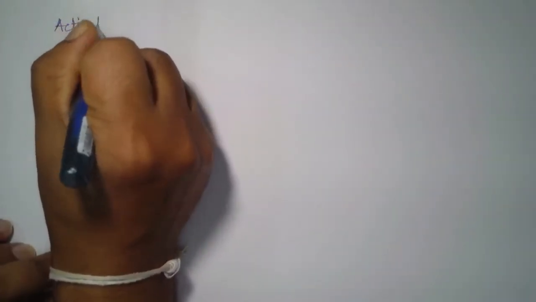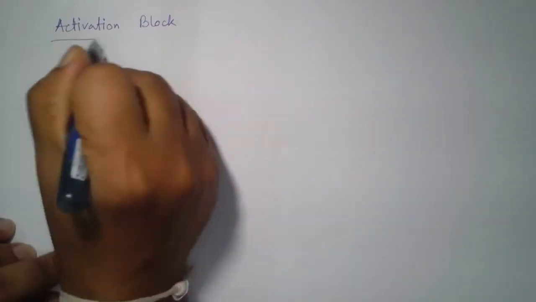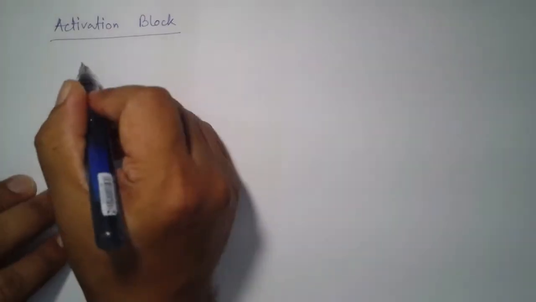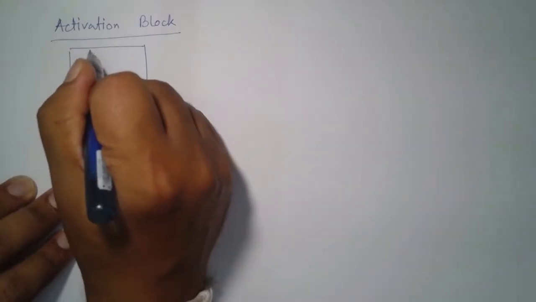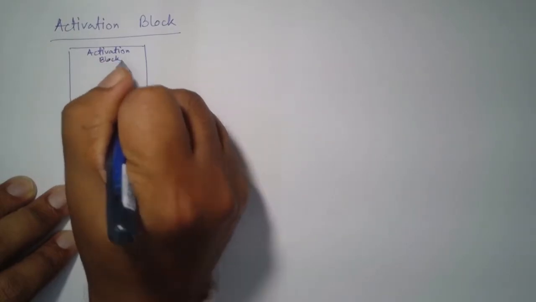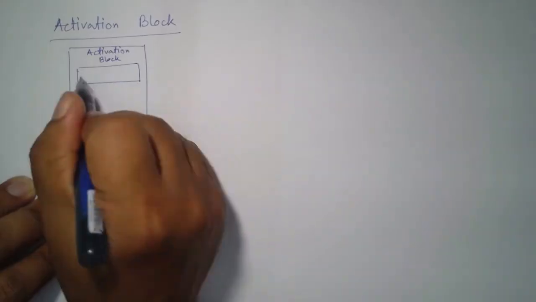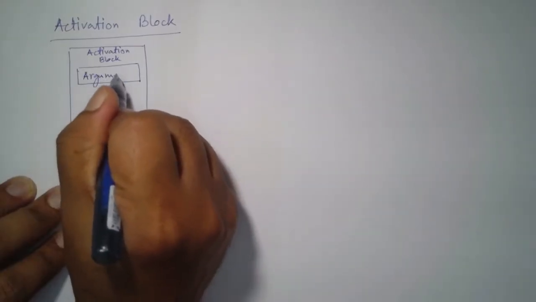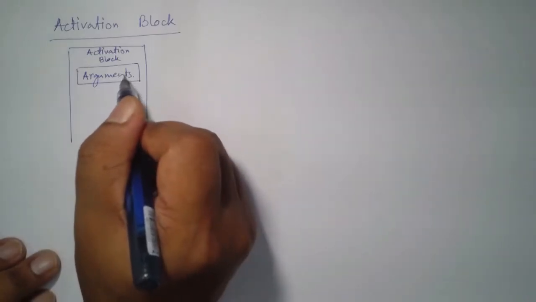So, what is an activation block? An activation block is nothing but a structured memory. Basically, we have certain fields in that memory. If this is my memory, certain part of it will be defined as arguments, the arguments that need to be passed for a particular function.